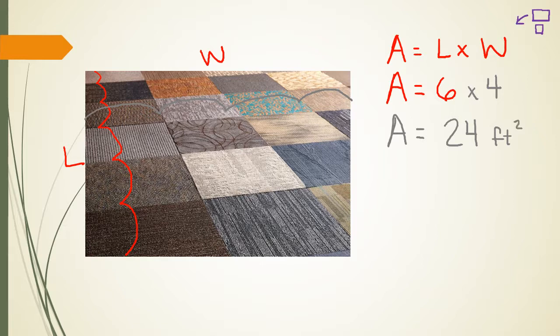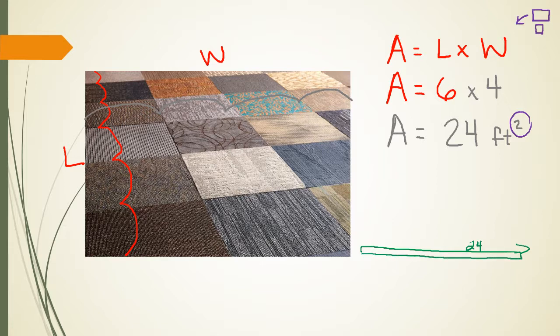And because it is two-dimensional, we need this little 2 to say 24 feet squared. Because if I went to the carpet store and I said, hey, I need 24 feet of carpet, they could roll out 24 feet of carpet 1 inch wide.